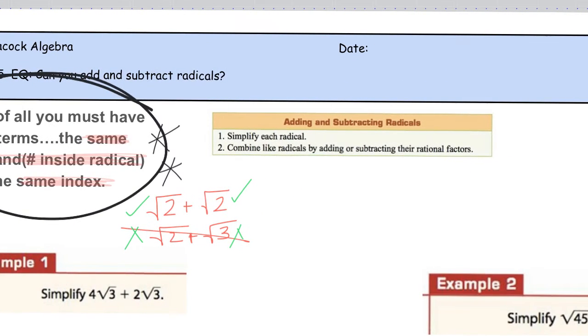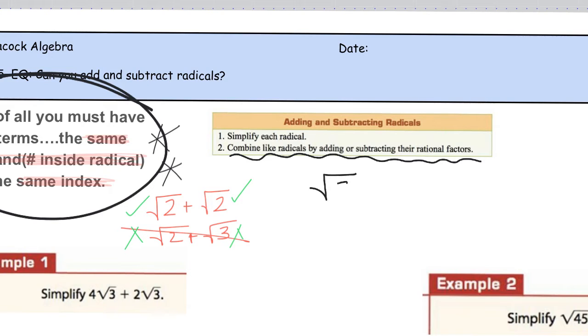So let's look right here at our adding and subtracting radical rules. Simplify each radical as much as you can. Then combine like radicals by adding or subtracting their rational factors. When we add and subtract radicals, I like to think of the radical itself like a variable.